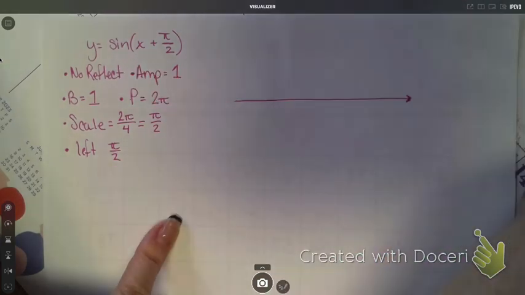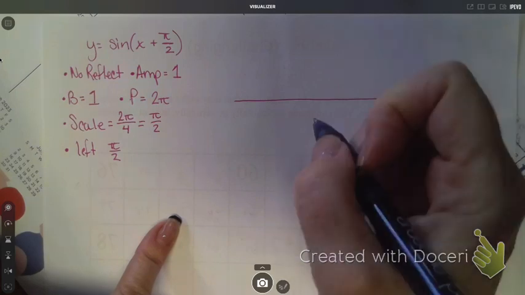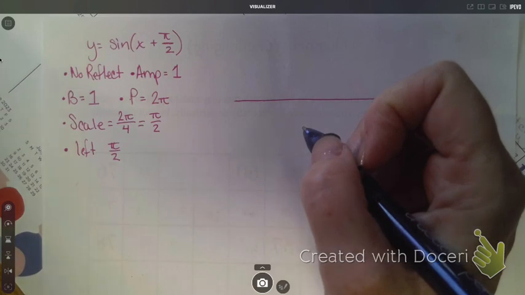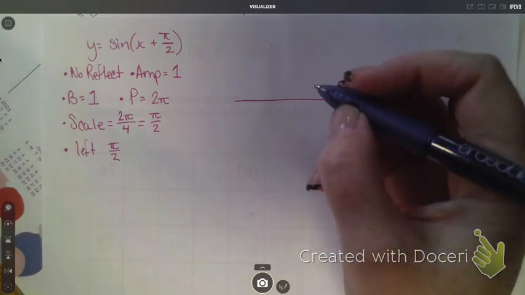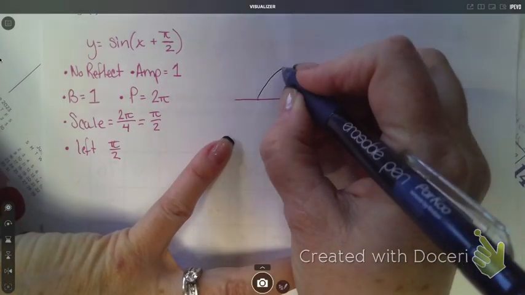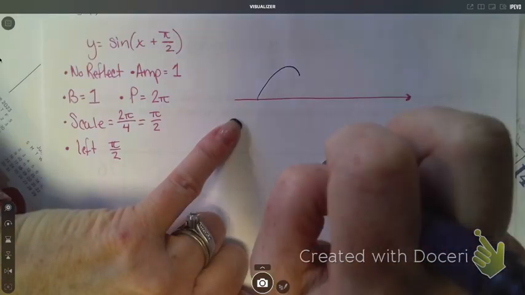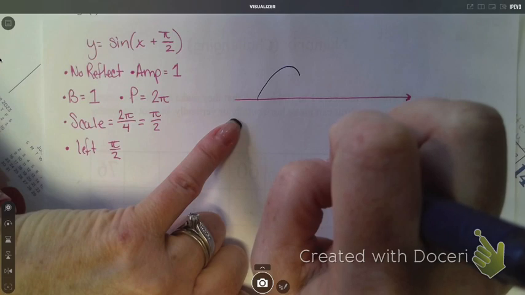It is sine. So it starts at the axis and goes up or down. So is this going to go up or down? Up. So just give yourself a sine curve. Oh, do you guys want to put your top and your bottom? Yes? Okay.